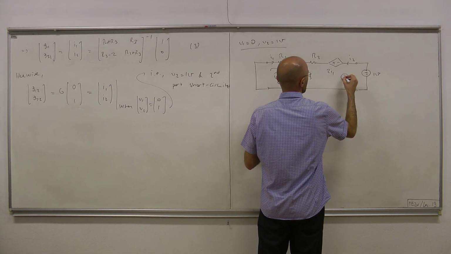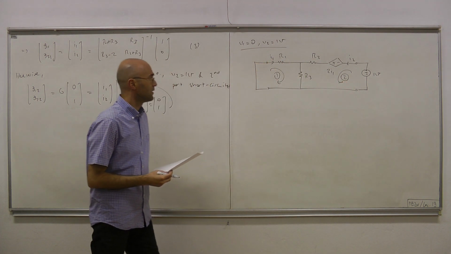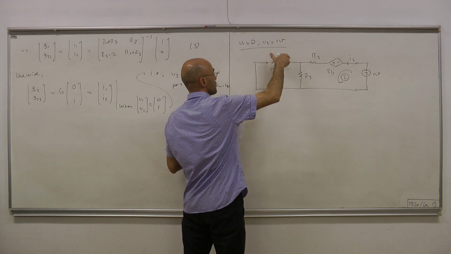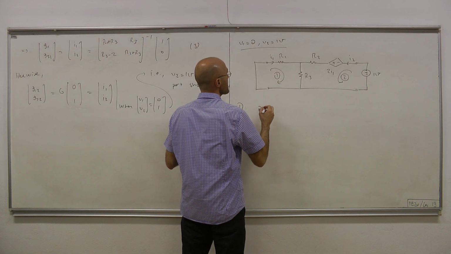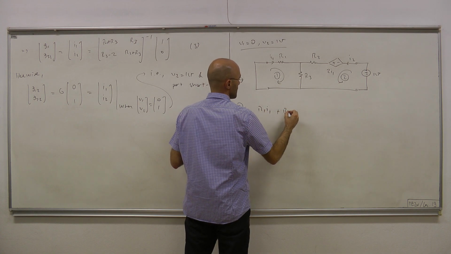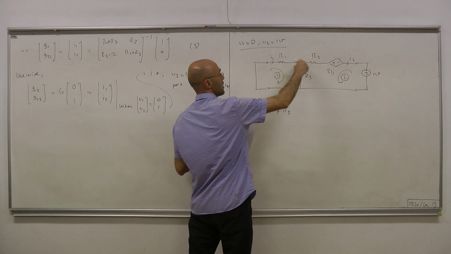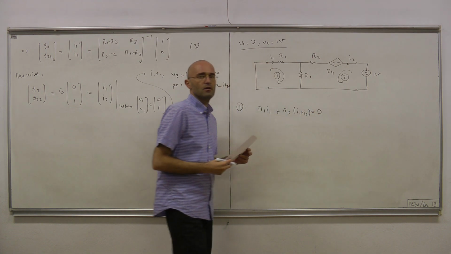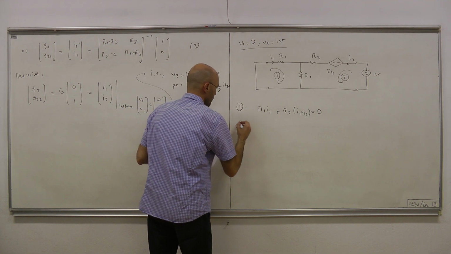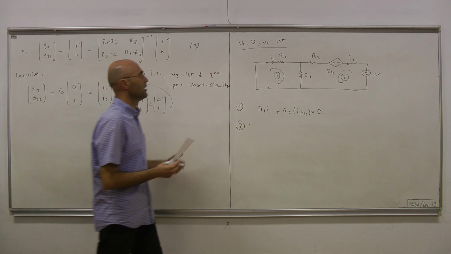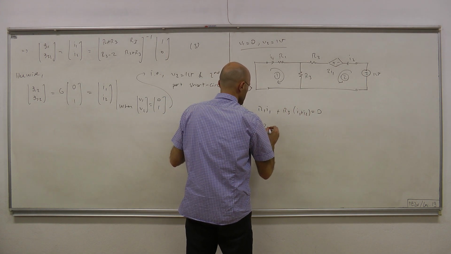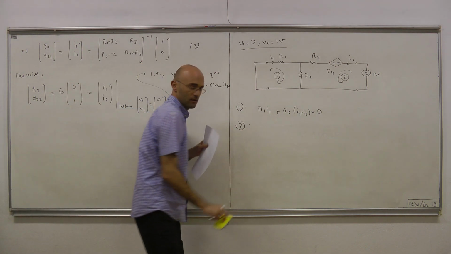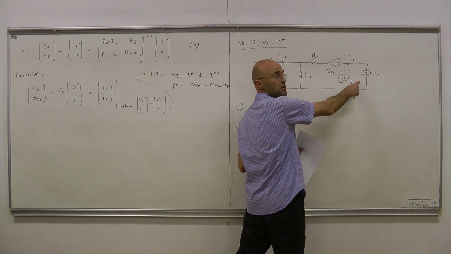First mesh, second mesh, let's write KVL quickly. At the first mesh we have this voltage plus that voltage equals 0. So R1, I1 plus R3 times this current, which is I1 coming from here, I2 coming from here, I1 plus I2 equals 0. And for the second port, we have the voltage source here, so let's start from here.